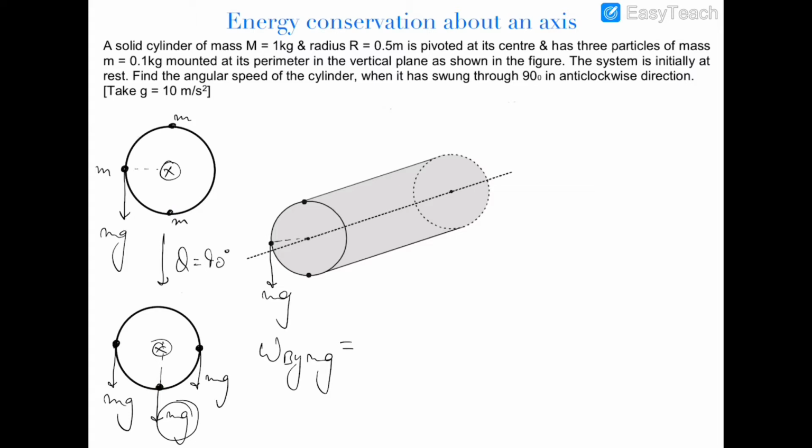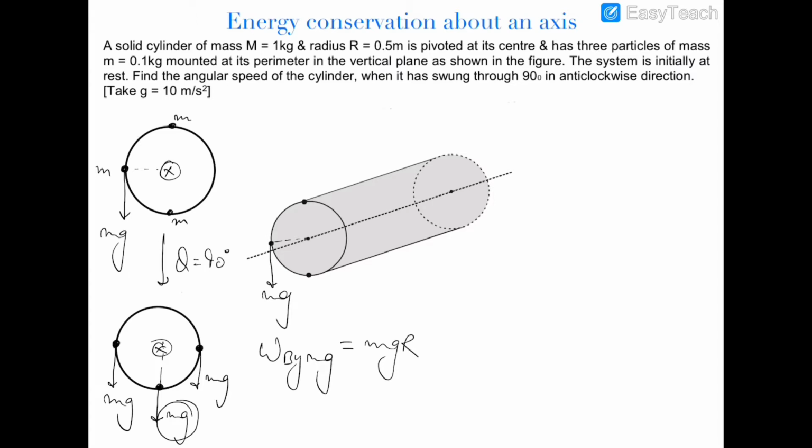A mass m would be situated at this position initially, and finally there is also a mass m at this position. So also there is no difference on this position, but this mass m has come down by a distance of r, you can see. So the work done by mg would be mgr.